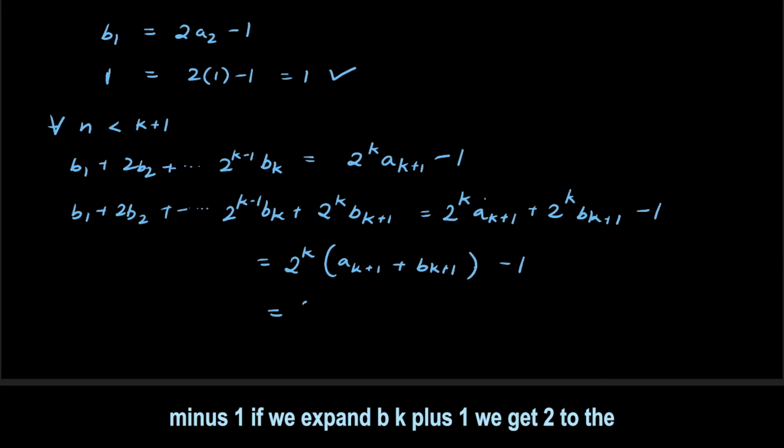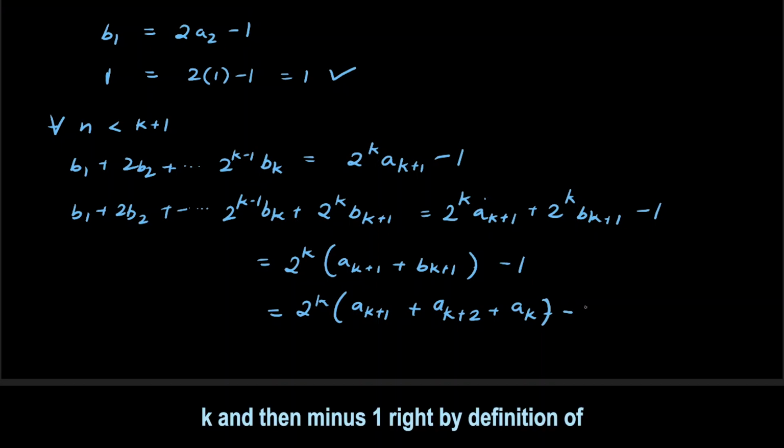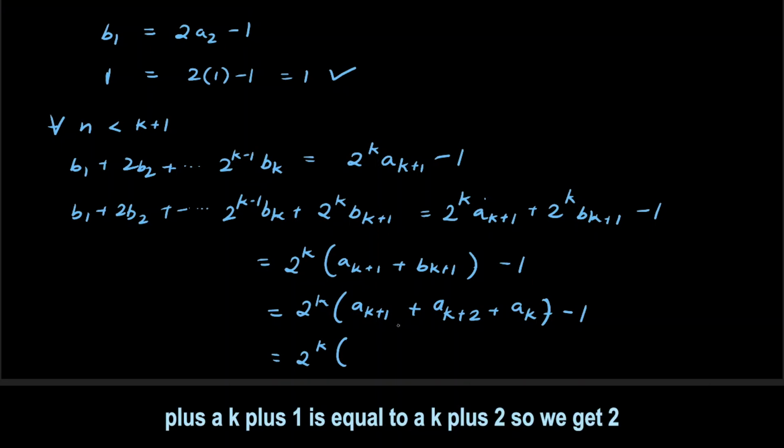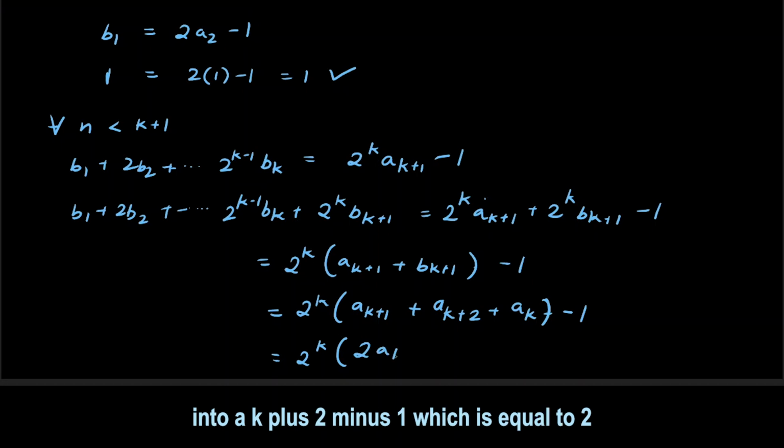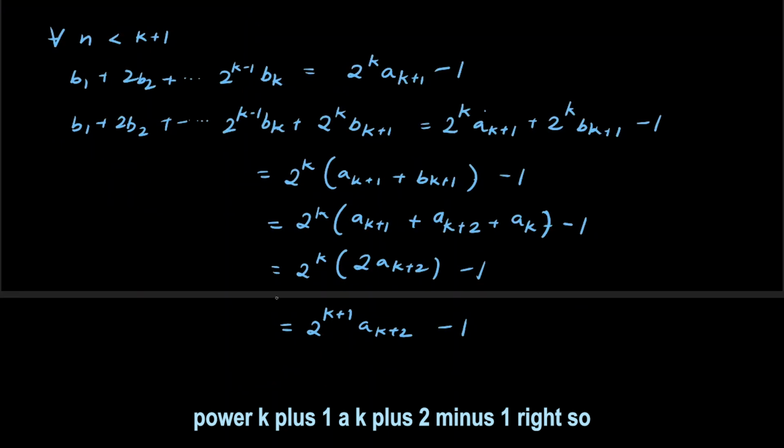If we expand b_{k+1}, we get 2 to the power k a_{k+1} plus a_{k+2} plus a_k, and then minus 1, right? By definition of Fibonacci, we know that a_k plus a_{k+1} is equal to a_{k+2}. So we get 2 into a_{k+2} minus 1, which is equal to 2 to the power k plus 1 a_{k+2} minus 1, right?